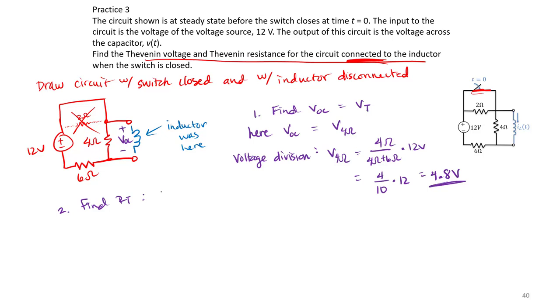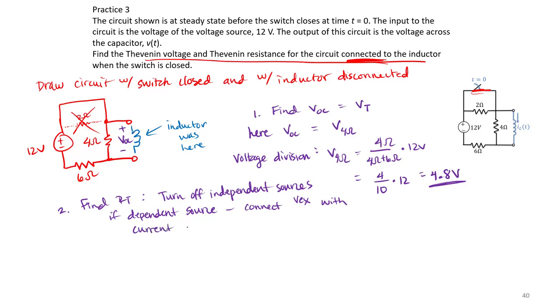To find Thevenin resistance, we turn off the independent sources. And remember, if we have a dependent source, we connect the VEX with current IEX, and then find VEX over IEX.